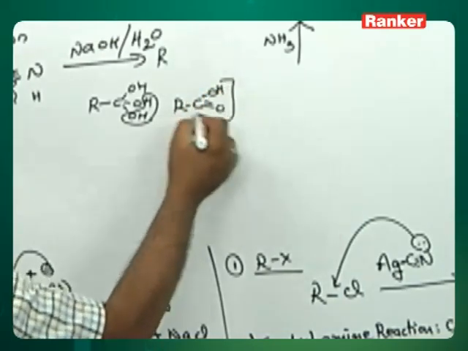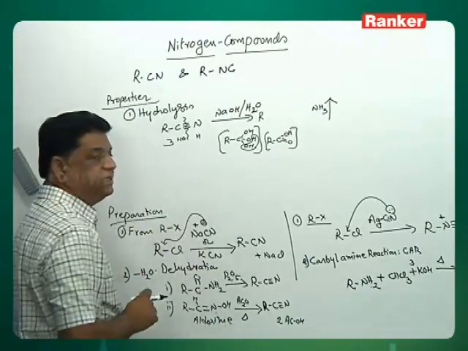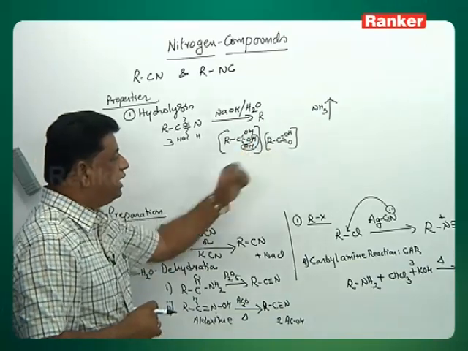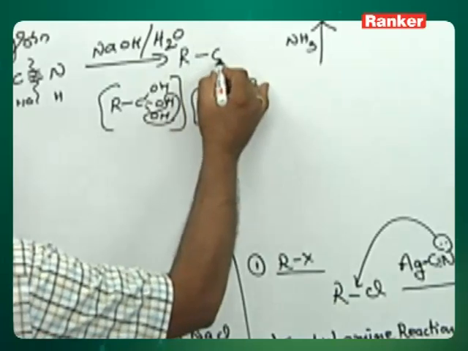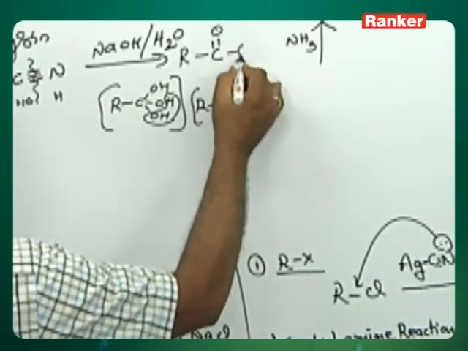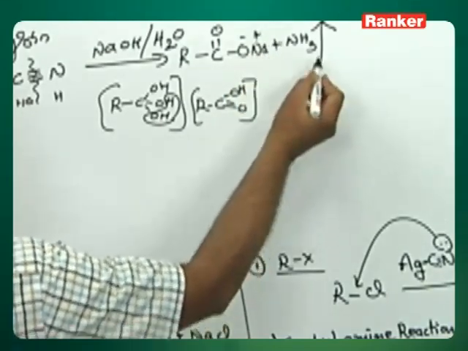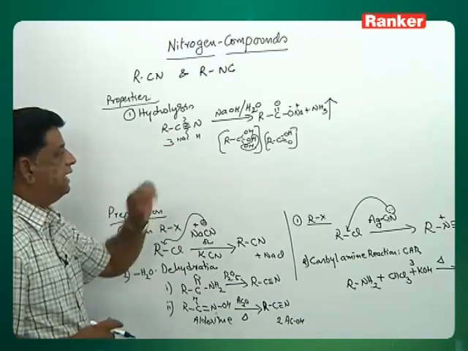But even this will not be the final compound. The trihydroxy compound eliminates water, and you get an acid. Because the medium is basic, the compound will be in the form of the salt of that acid: the sodium salt of the carboxylic acid plus ammonia gas. That is the reaction when cyanides are hydrolyzed.